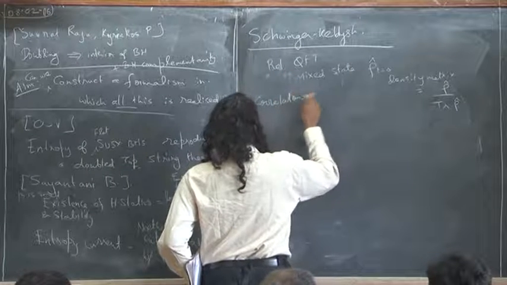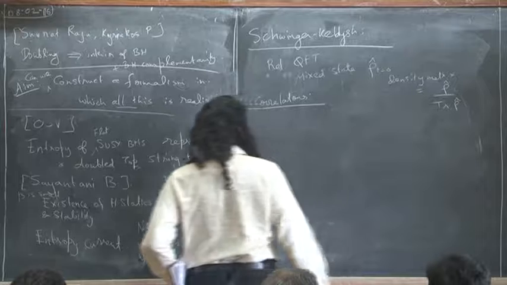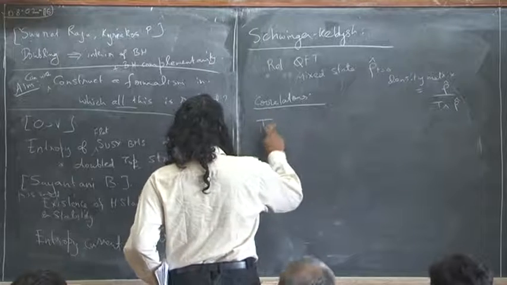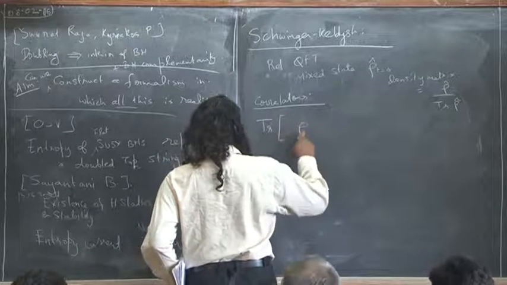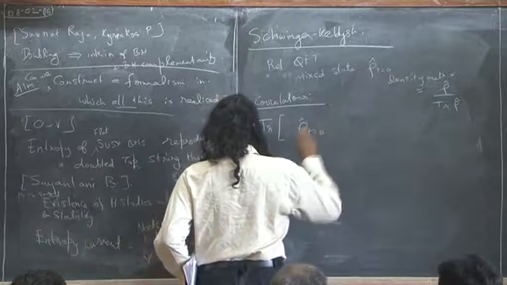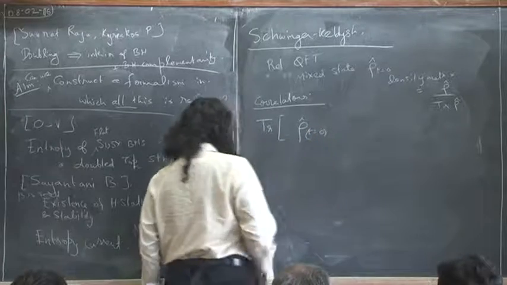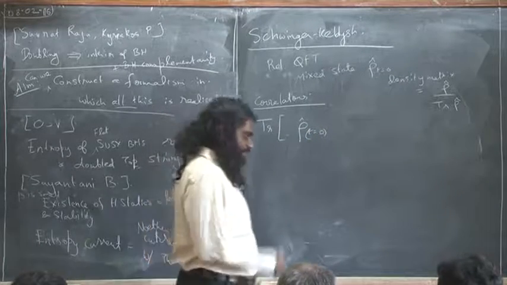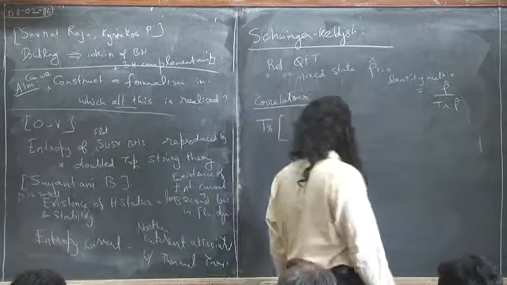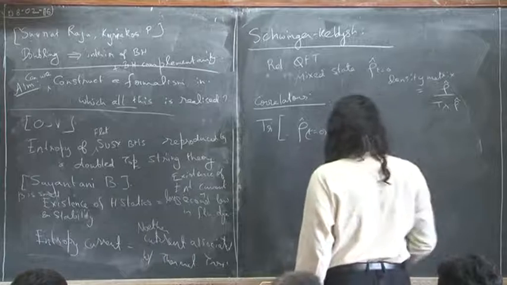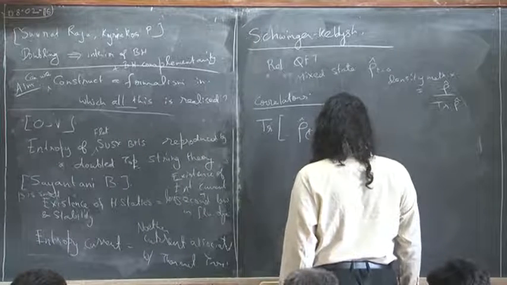The general correlators that we will be interested in are of this type, where you take the state rho hat at t equal to 0 and calculate the expectation value of a certain set of operators.